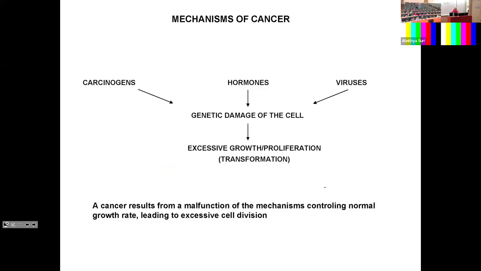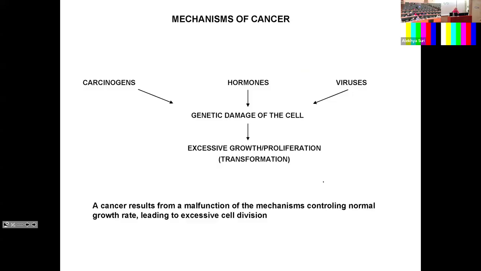So to make a summary, how can these cancer cells happen? We already mentioned the carcinogens, right? And in some cases, we can have an imbalance of certain hormones, and also exposure to some viruses that we are going to see. They can also carry some oncogenes in their genome.